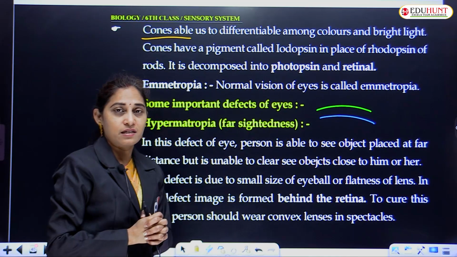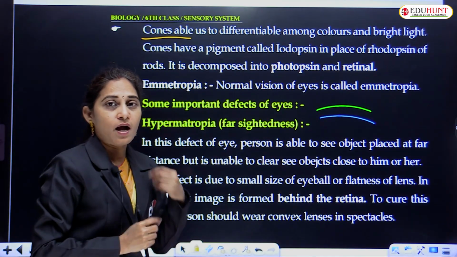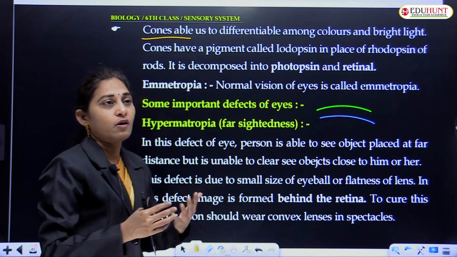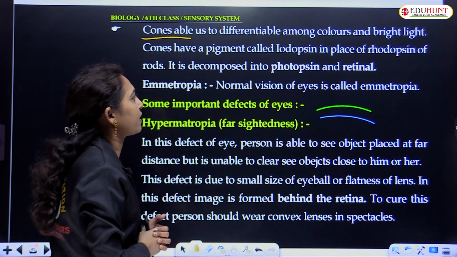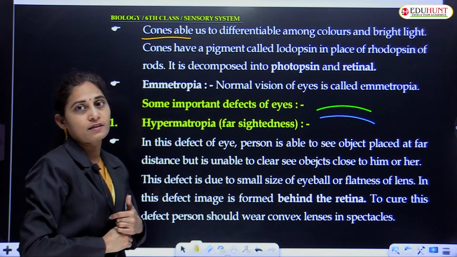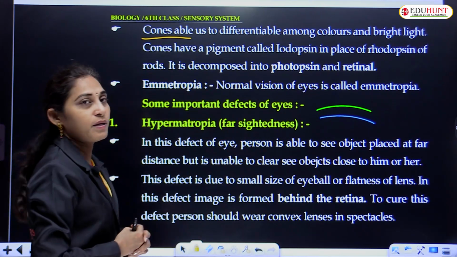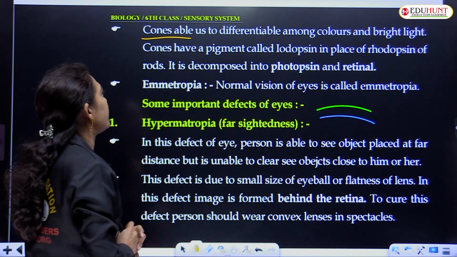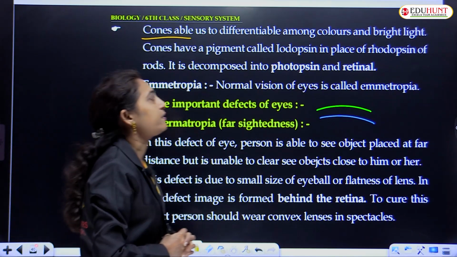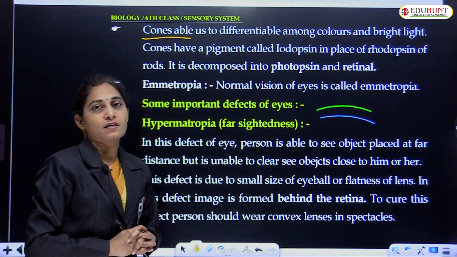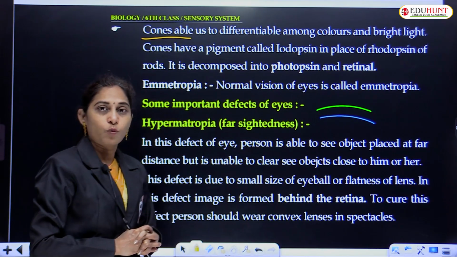cones, the sensory cells, one of the sensory cells of the eye are responsible for colored vision or to differentiate different colors in the bright light. Bright light vision or day vision is possible because of these cone cells of the retina, and they have iodopsin pigment, and this pigment has two parts.